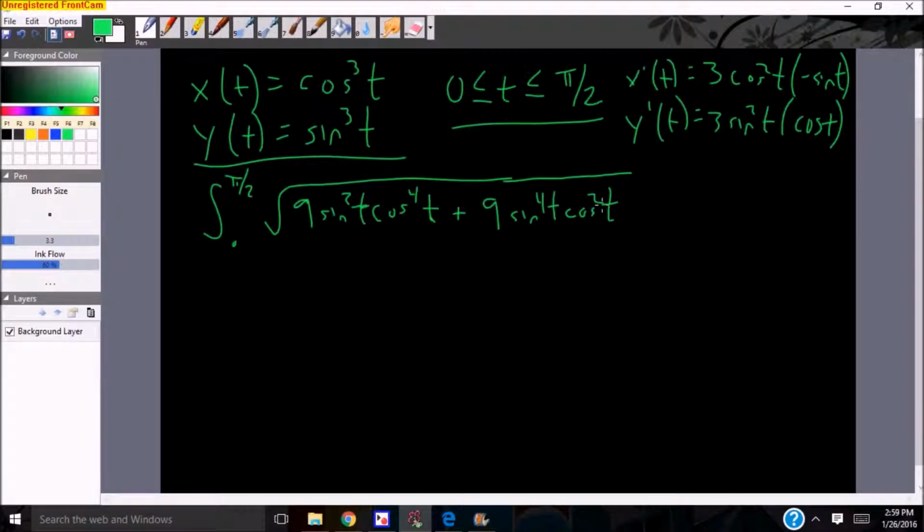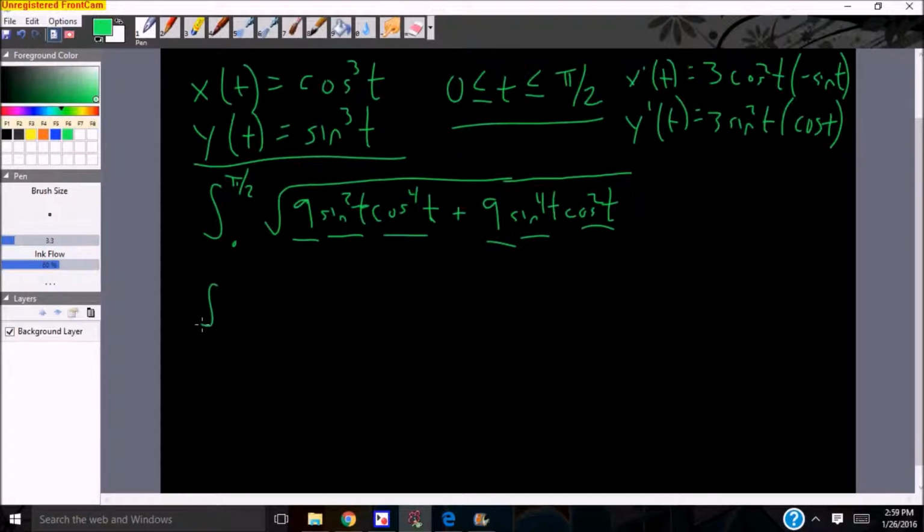Alright, so again, I see that there's some things that I can get out of here. Looks to me like I can get the 9, a sine squared, and a cosine squared factored all out.